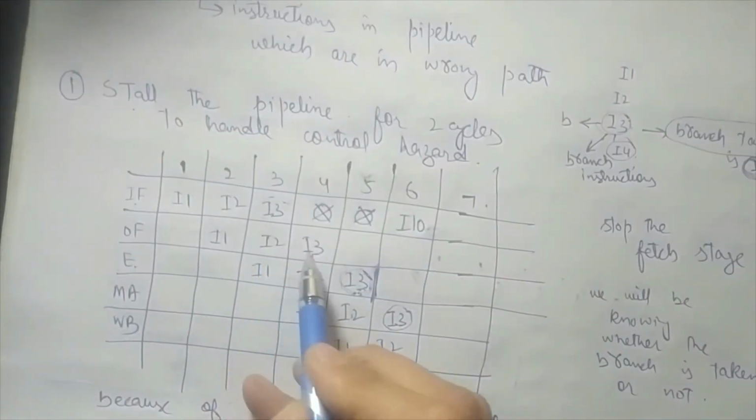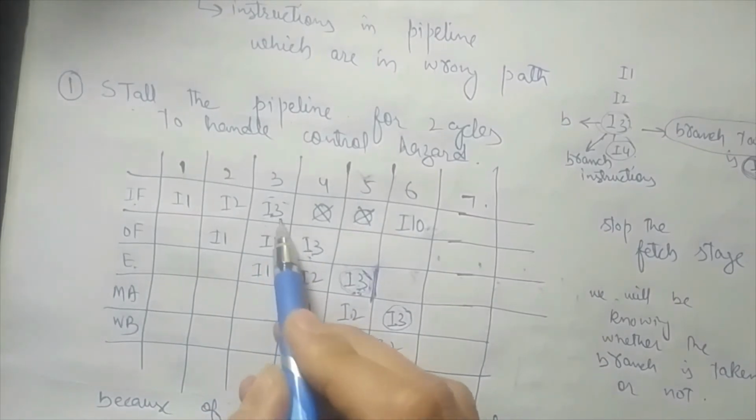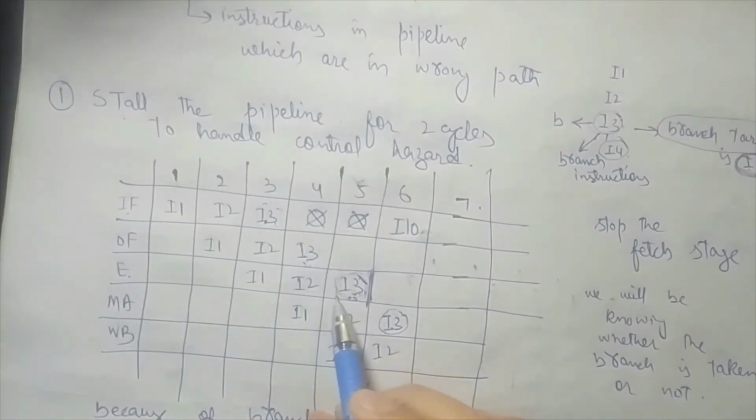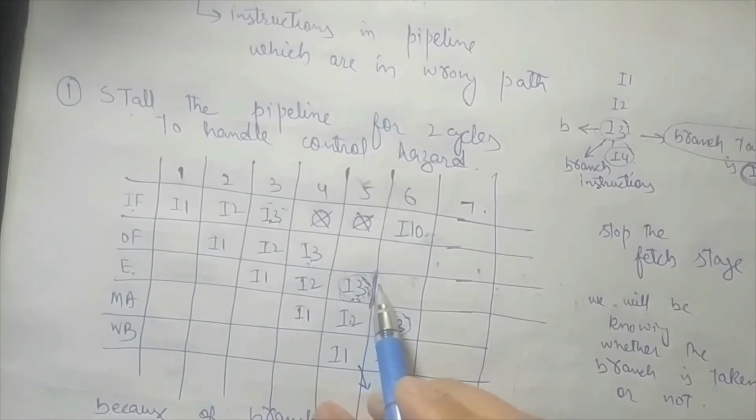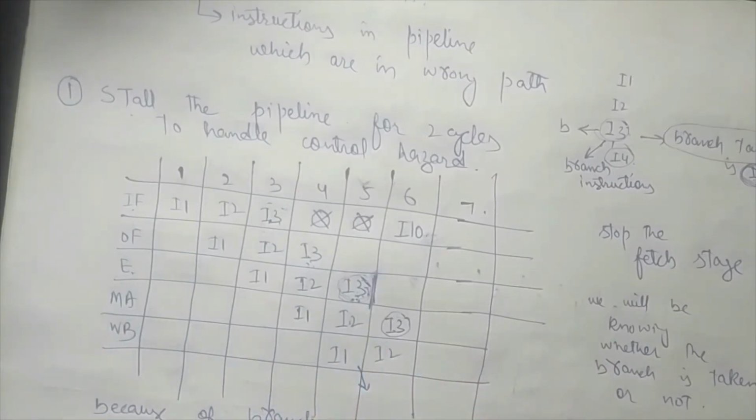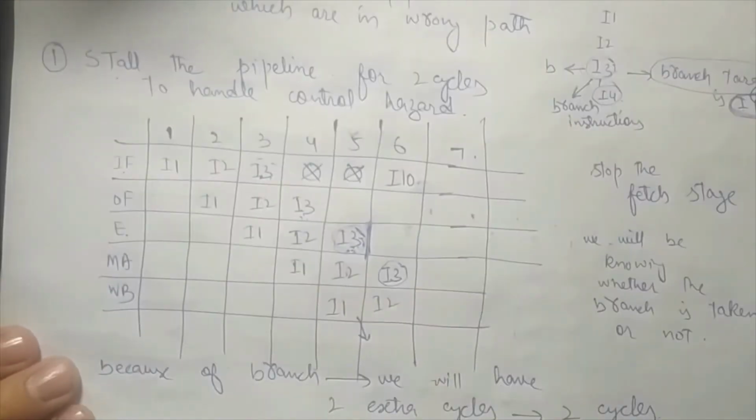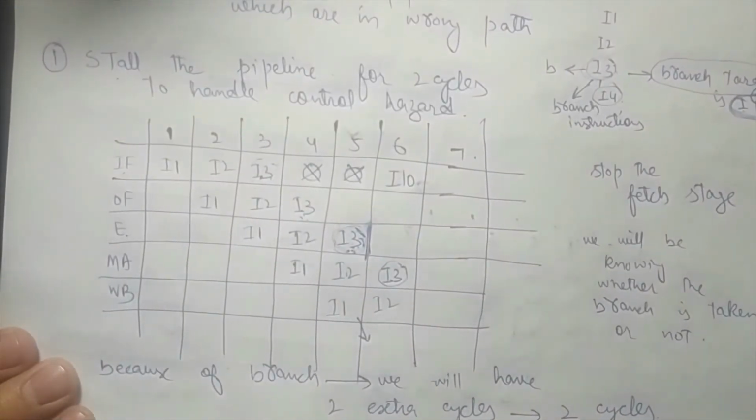Because in two cycles our branch instruction will come into the execute stage, and after executing that branch, we will be sure what the next instruction is, whether the branch is taken or not. So every branch results in two extra cycles.